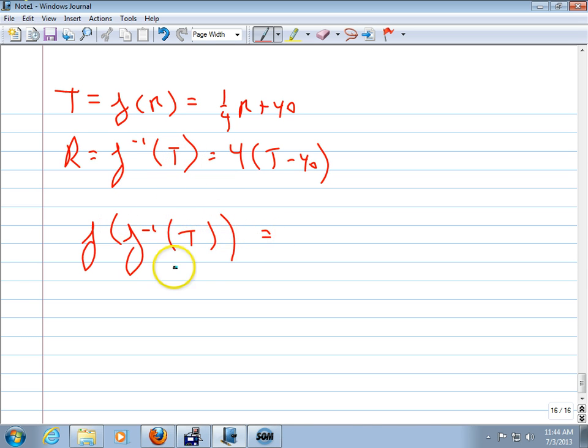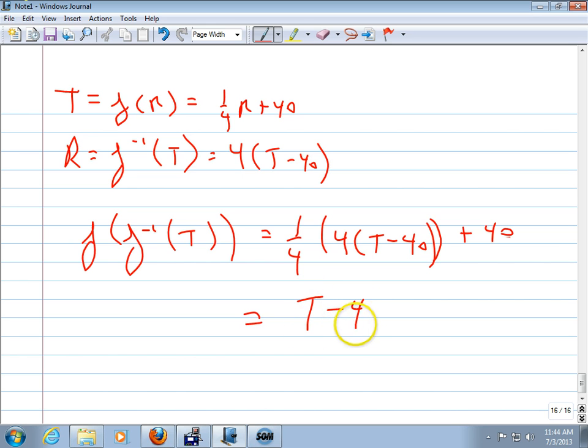So take f inverse of t, which is 4 times t minus 40, and plug it into the other function. So it's 1/4 times the input plus 40. But the input is 4 times t minus 40. So what happens to the 4s? They cancel out. So you get t minus 40 plus 40, and what do you get? t. Everything cancels out except for the input variable.